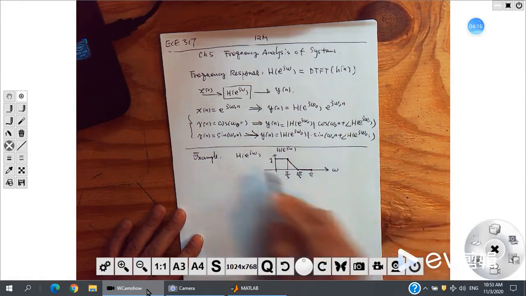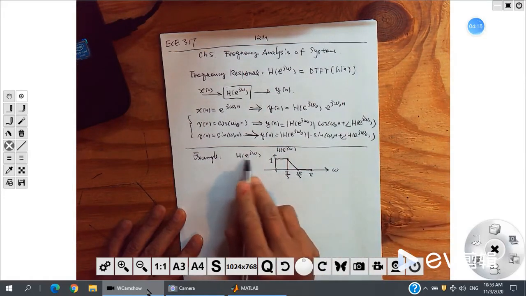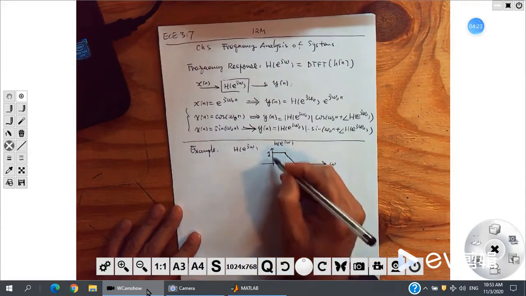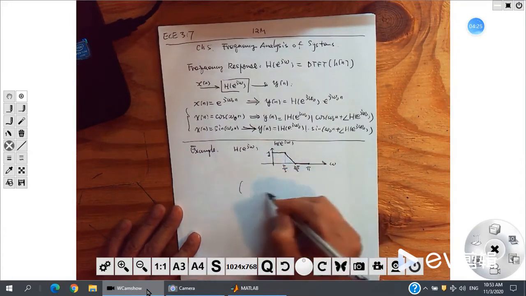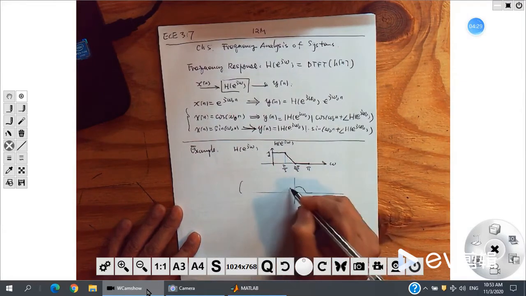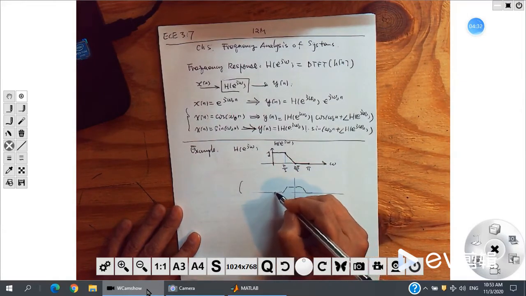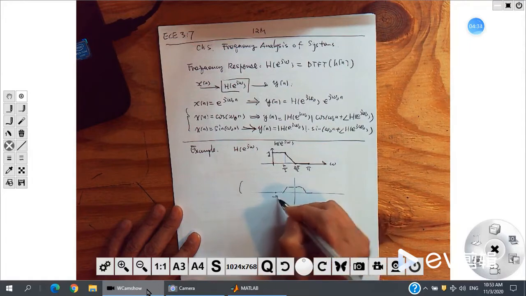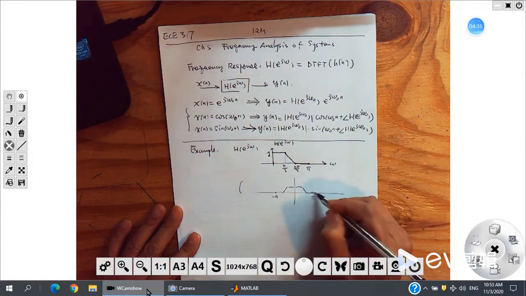Now we know this is periodic with 2 pi, and also symmetric. So if we have this part, we know the whole graph: symmetrically we have the negative part from negative pi to 0, and then every 2 pi is a cycle.